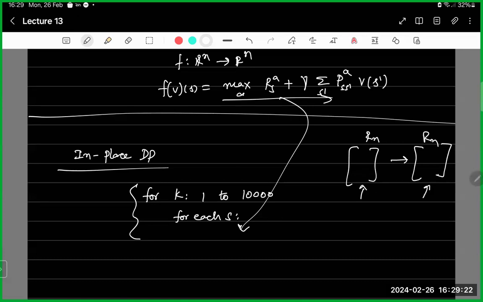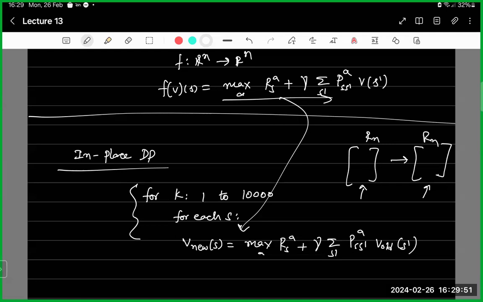If you want to write it properly, this will be V new of s equal to max over a of R(s,a) plus gamma, times the sum over s dash of the transition probability times V old of s dash. You have some previous n-dimensional vector, and now you are getting a new n-dimensional vector.